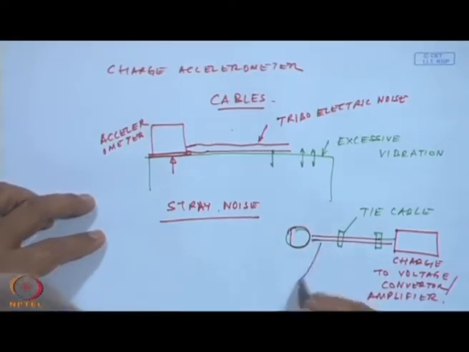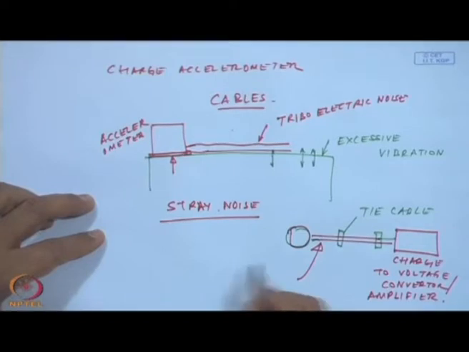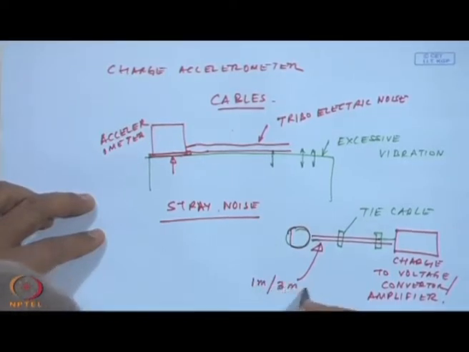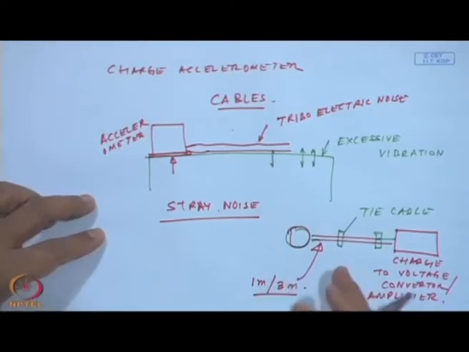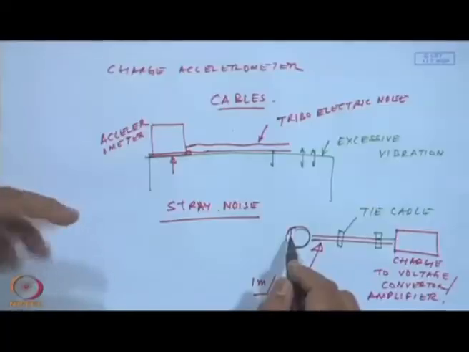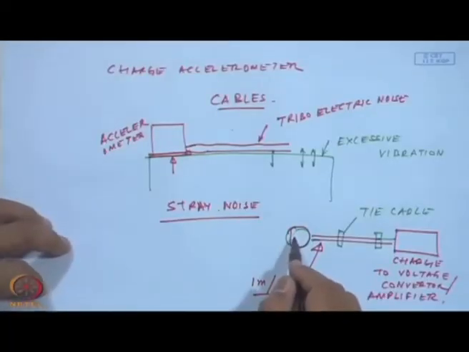And usually these cables are not very long, about 1 meter to 3 meter maximum, because beyond that the cable noise will be so much that you will contaminate your vibration signal. So, this is another precaution you have to take while using the charge type accelerometers for vibration measurements.